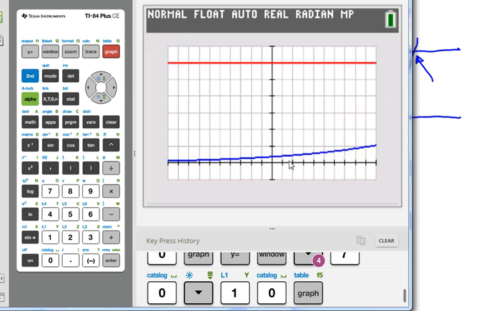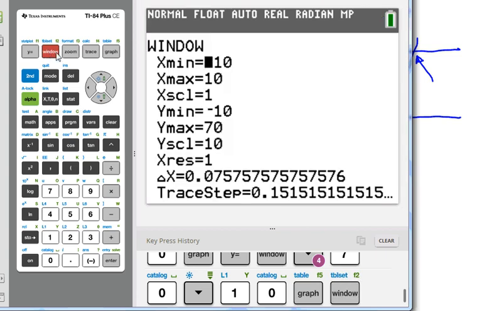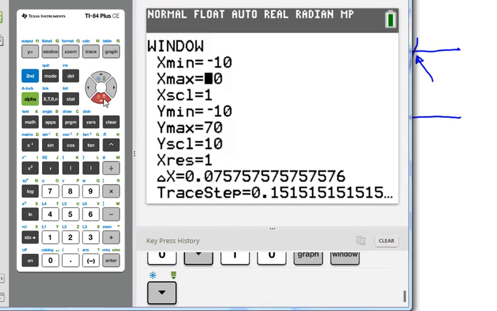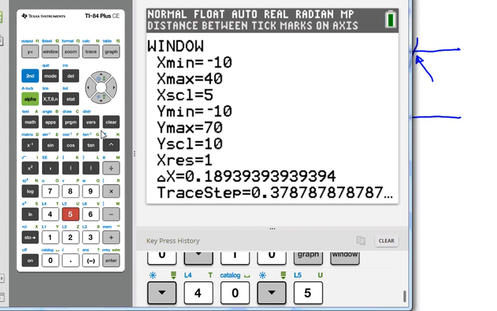We see the first equation, but we do not see it intersecting the second equation up here. So we need to expand our window. I'm going to set x max equal to 40 and x scale to 5, and you can just experiment with this until you have an intersection point.